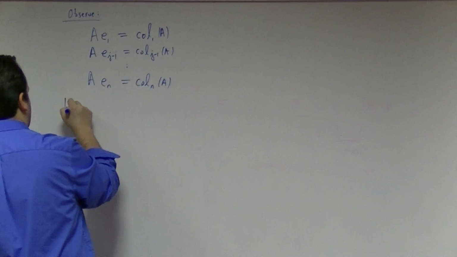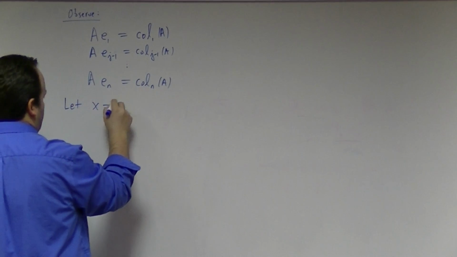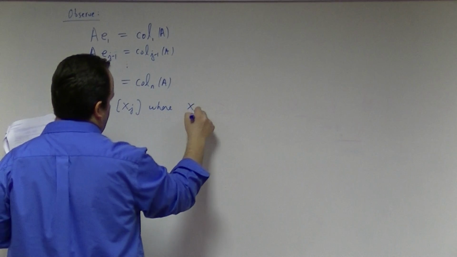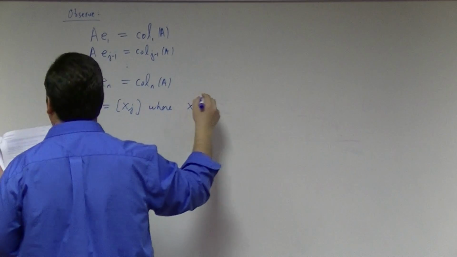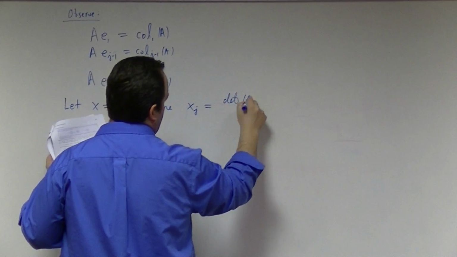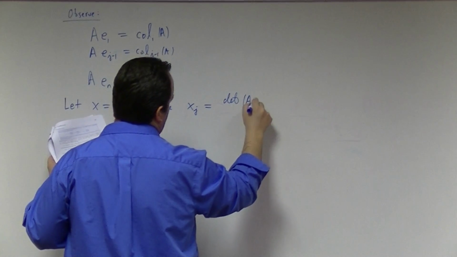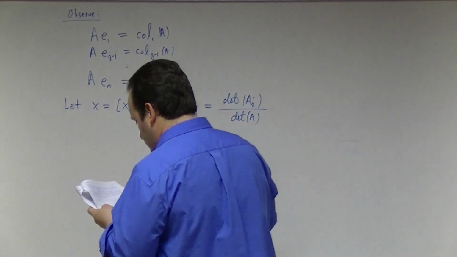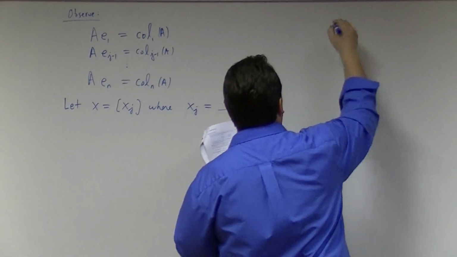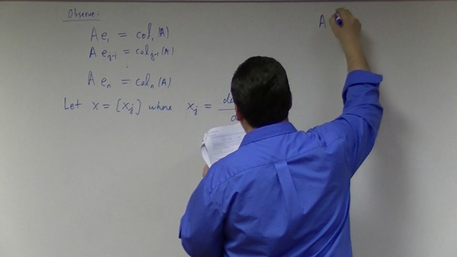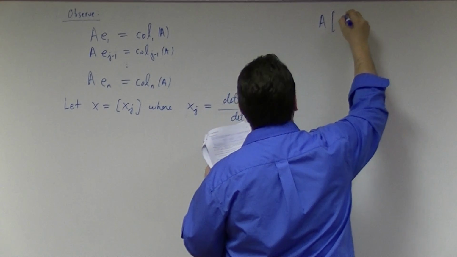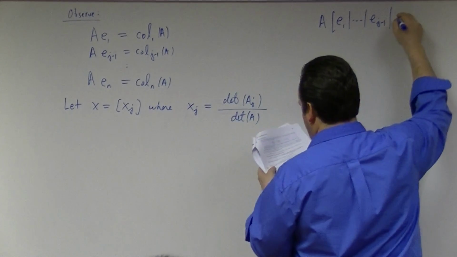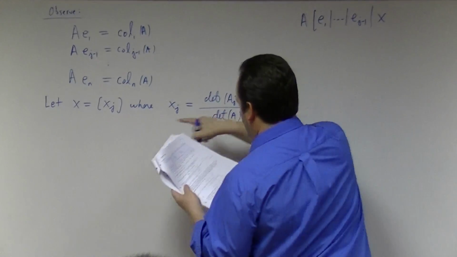So basically, I'm saying here, let x equal x_j, where x_j is equal to the determinant of A_j over the determinant of A. And what I say then is, if you look at A times the matrix E1, through E(j minus 1), X, where X is so defined.